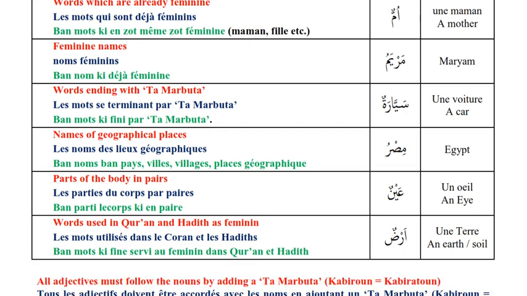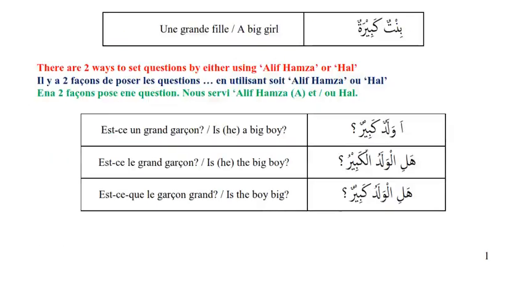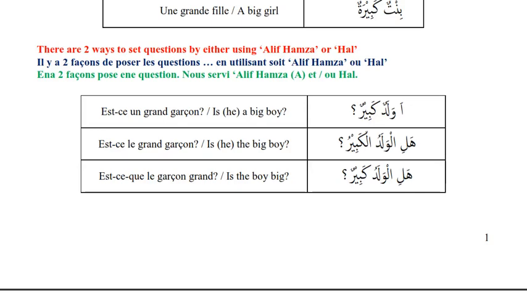So, in Arabic language, we have two ways to set a question. Either we use alif, hamza, or we use hal. For instance, a waladun kabirun, that is, is he a big boy?